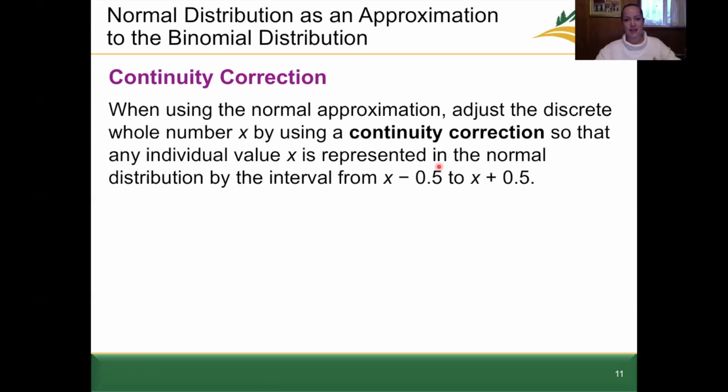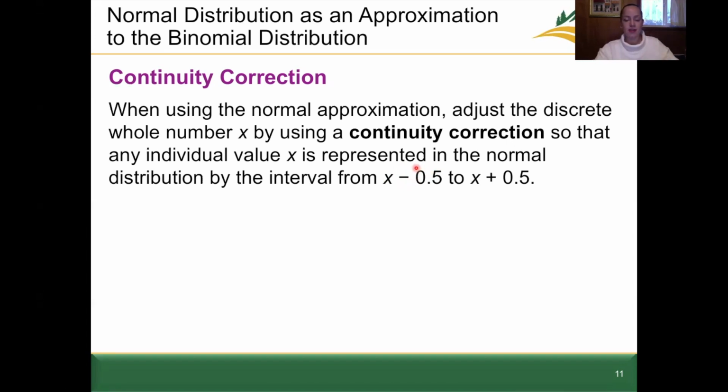This is because, again, the binomial probability distribution is discrete while a normal distribution is continuous. So we need to correct for that when we're making this approximation. To correct for this normal approximation, instead of just looking at the value of x, we're going to look at the value from x minus 0.5 to the value of x plus 0.5. We'll talk a lot more about this.